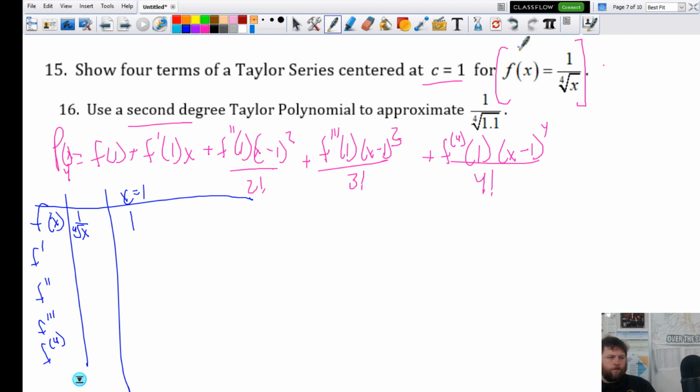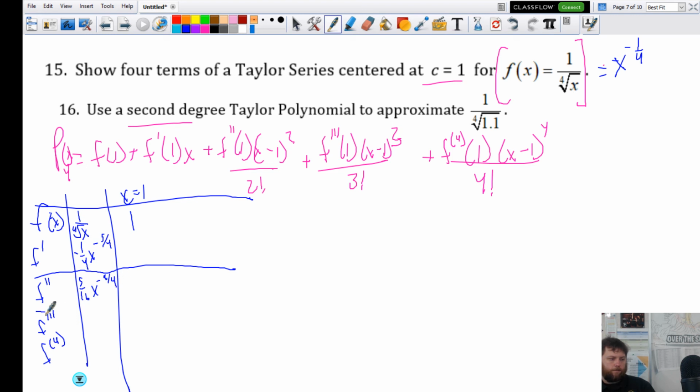Now the first derivative, so this is the same thing as x to the negative 1/4 power. The first derivative would be negative 1/4 x to the negative 5/4. The second derivative, oh geez, you're multiplying those, will be positive 5/16 x to the negative 9/4.